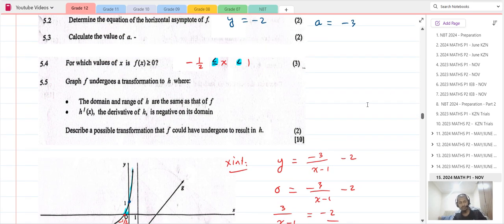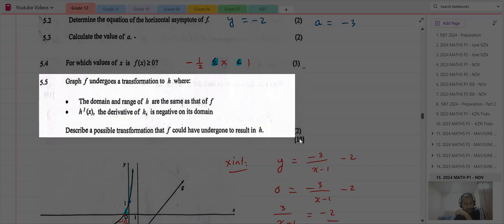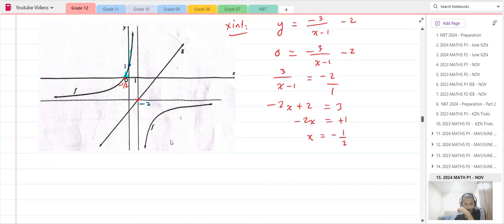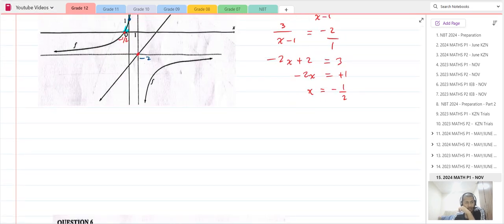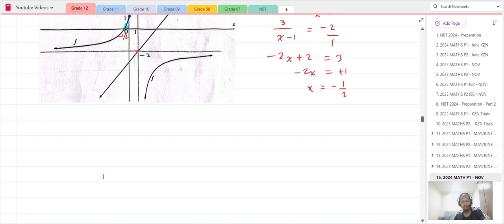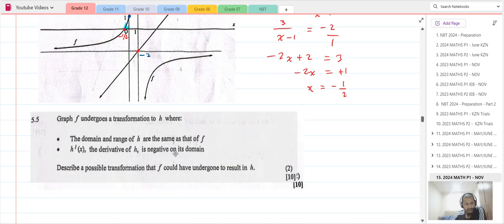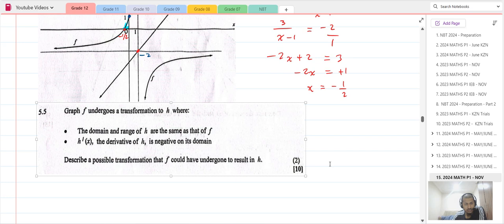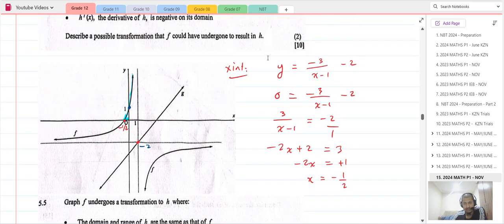Next question, quite interesting. Let me just copy the next question down, because they usually have modified questions towards the end. The graph f undergoes a transformation to h. We know what the graph of f looks like. This is the graph of f.